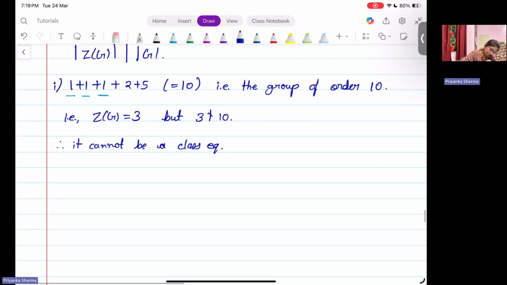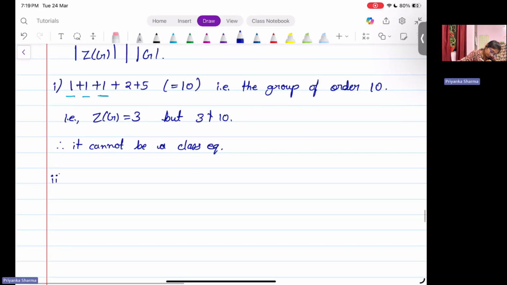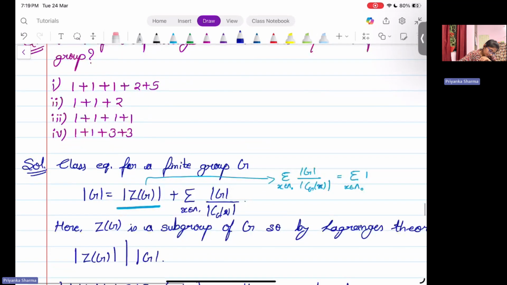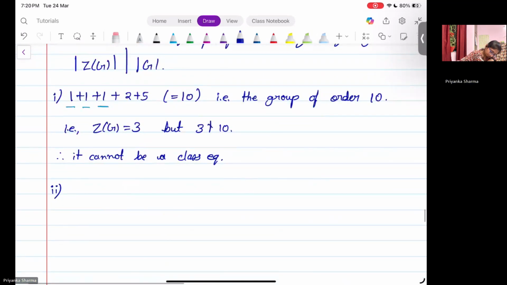Okay. Second part, 1 plus 1 plus 2. It means we are discussing a group of order 4, if such a group exists. Because in the first option, no such group can exist.